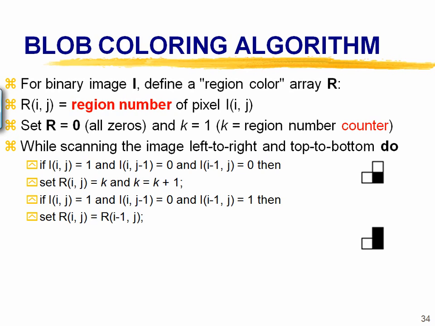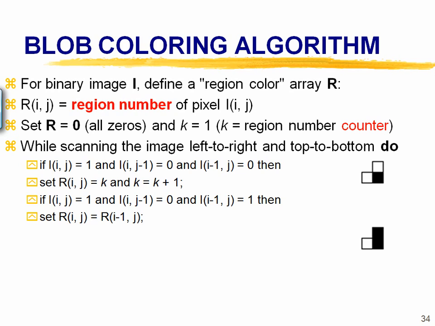Now we can start. Keep in mind your image processing in almost all cases is based on a raster scanning operation. We start from the top left corner of an image, and you're going to scan 1 row at a time. You're going to scan through the entire image in order to perform some operation till you get to the lower right corner of the image, at which point you're finished processing the image.